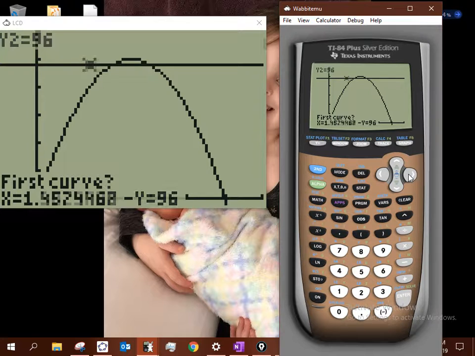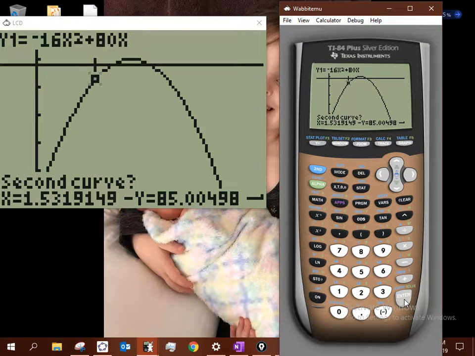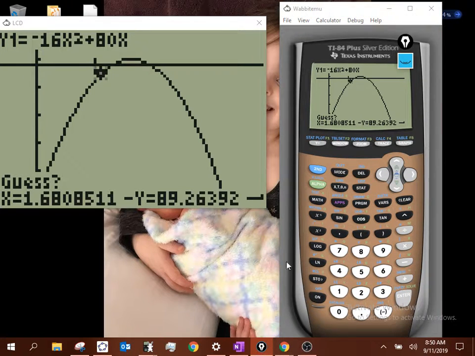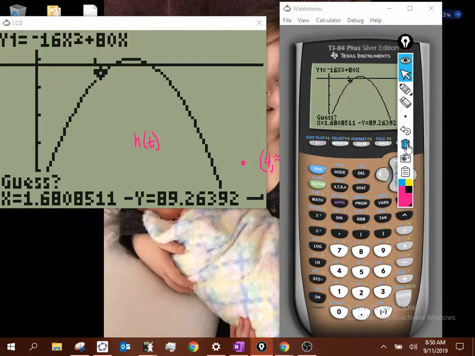It doesn't matter which one I select as my first curve. But what I'm going to do is select a point on this first curve that is close to where I think they intersect. And I'm going to hit enter. And then I'm going to do the same thing on this second curve. I'm going to hit enter. Let me explain what this is doing for us. So our calculator right now, we have just defined for it a region to analyze.